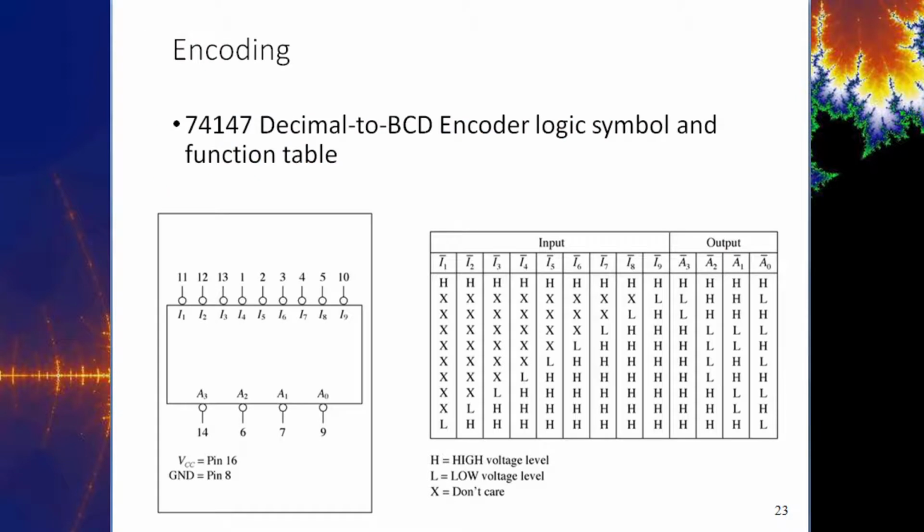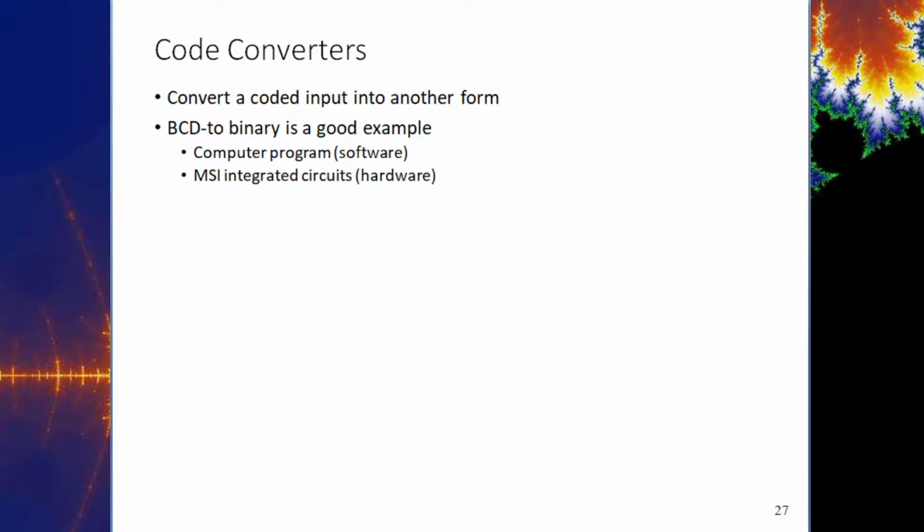And again, we have more examples of these. So let's come down to what we call a code converter. Now we can convert from one number system to another, right? We know how to do that by hand because that was the very first part of digital fundamentals, where you learn the different number systems and how to convert between them.